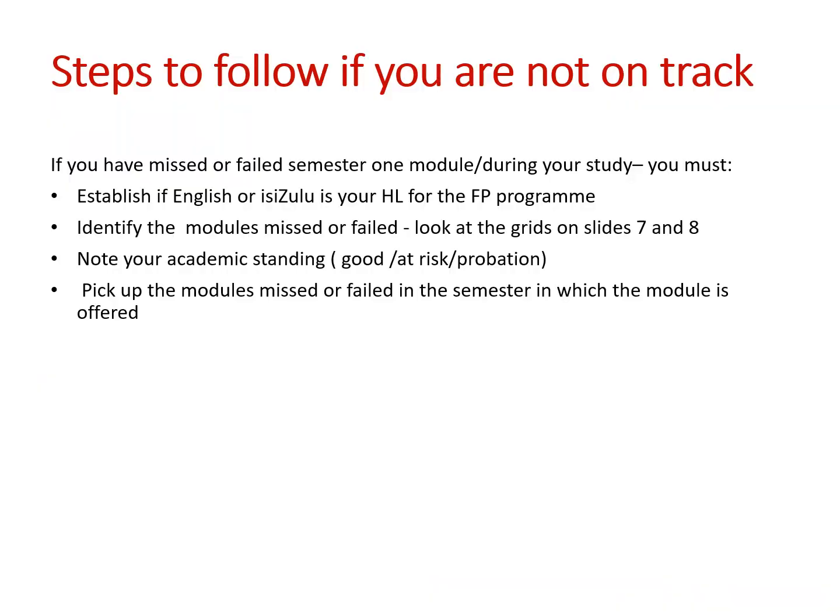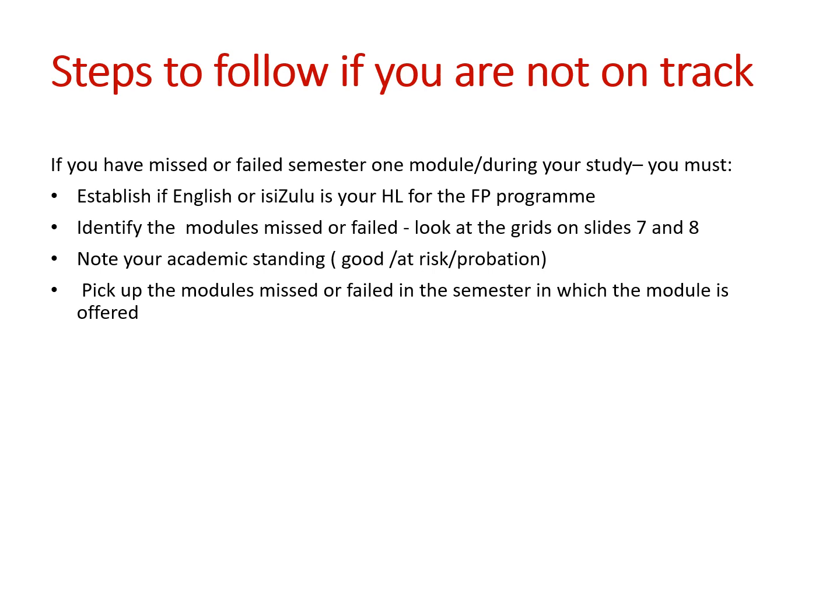Kindly note, there are some steps that you would need to follow if you're not on track. If you've missed or failed modules, the first point is to establish what is your language option.